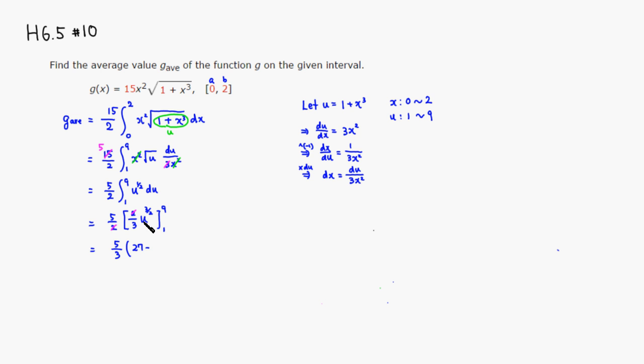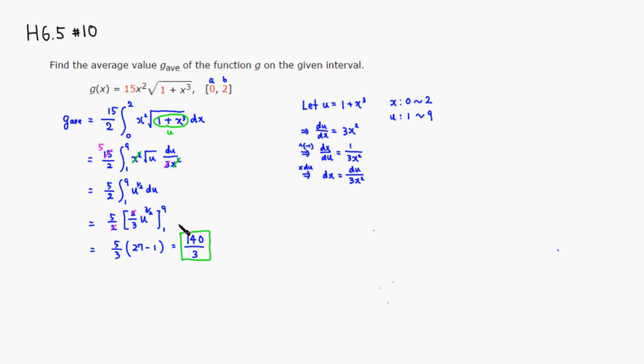And then we'll put 1 here, so it's going to be 1. Alright, so we have, let's see, 5 times 28, so 5 times 8 is 40, and 5 times 2 is 10, so it's 140 over 3. Alright, so that's the average function value.